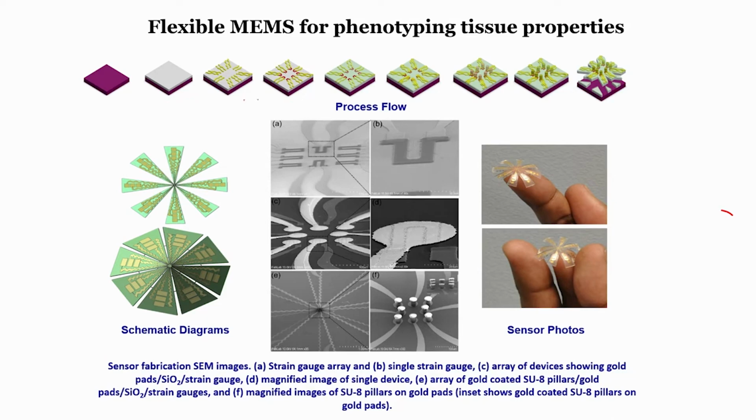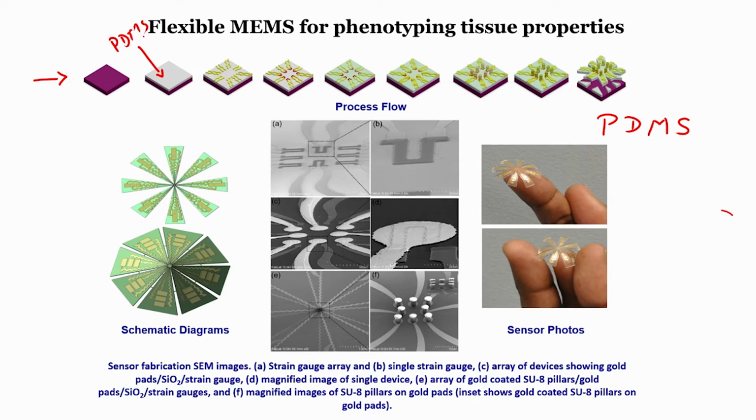This is the process flow for fabricating the entire sensor, and the sensor is fabricated on a substrate called PDMS. You start with a silicon substrate and then you have PDMS spin coated on the silicon substrate.